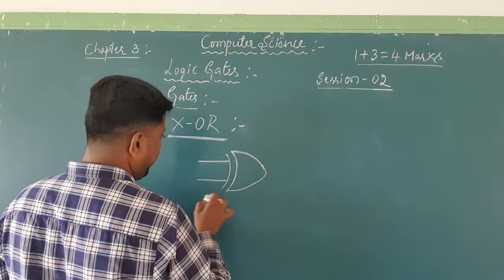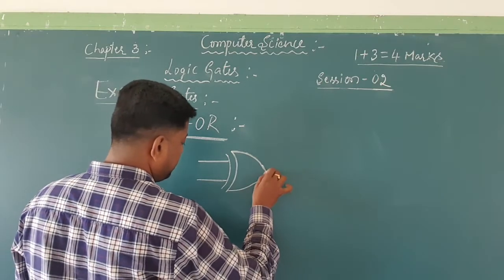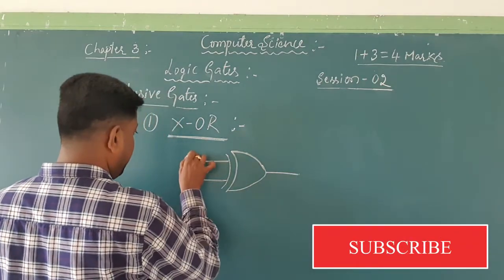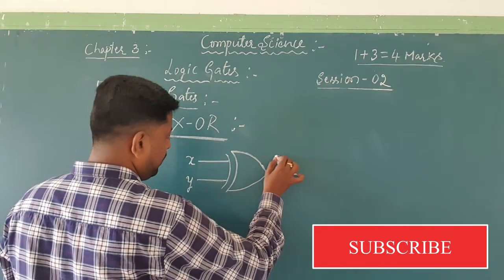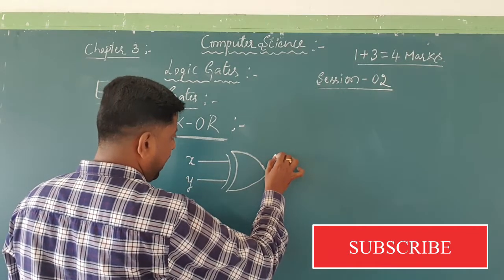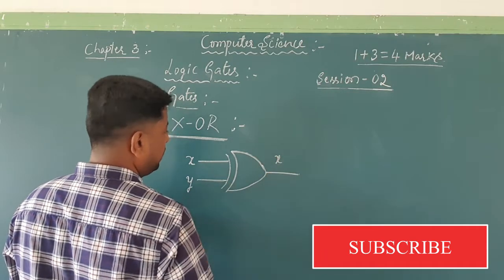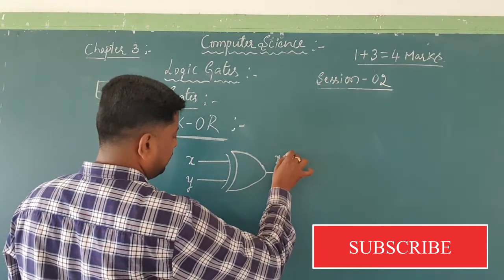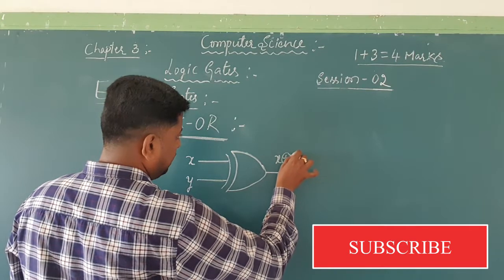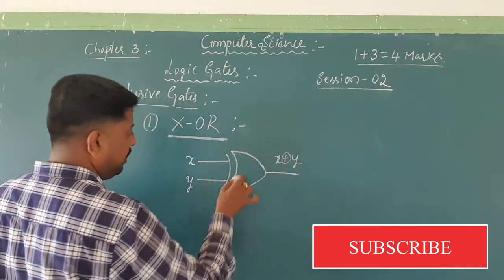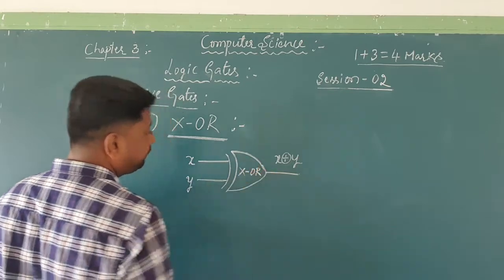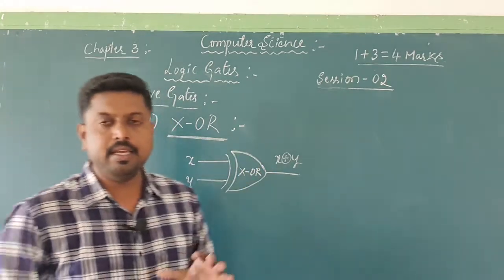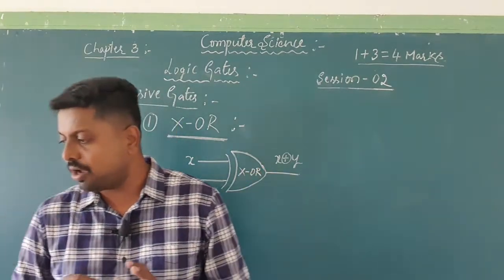It looks like an OR gate, but it is not an OR gate. X and Y are the two inputs, and this will be the exclusive OR gate representation. So this is the representation of the XOR gate.